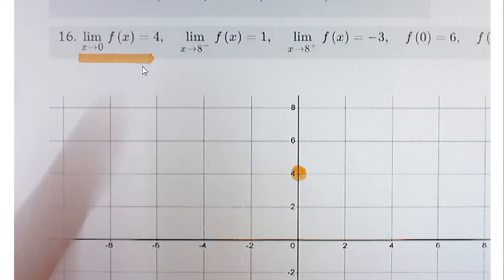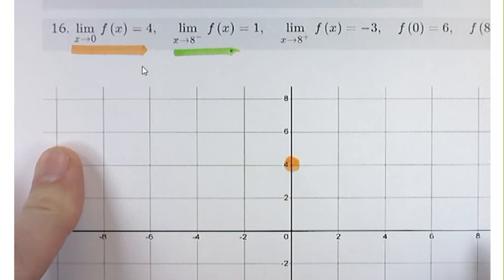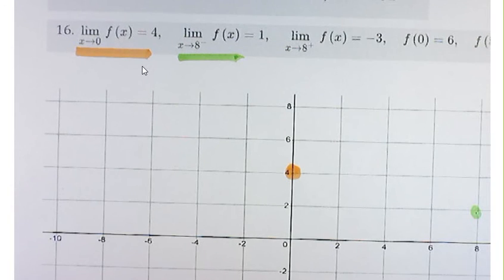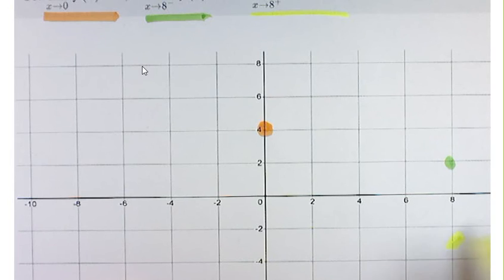This function has to have a limit of 4. What else are they telling us in this function? Well, the limit as x approaches 8 from the left is going to be 1. How about the limit as x approaches 8 from the right? That's going to be negative 3. So that's going to be down here.